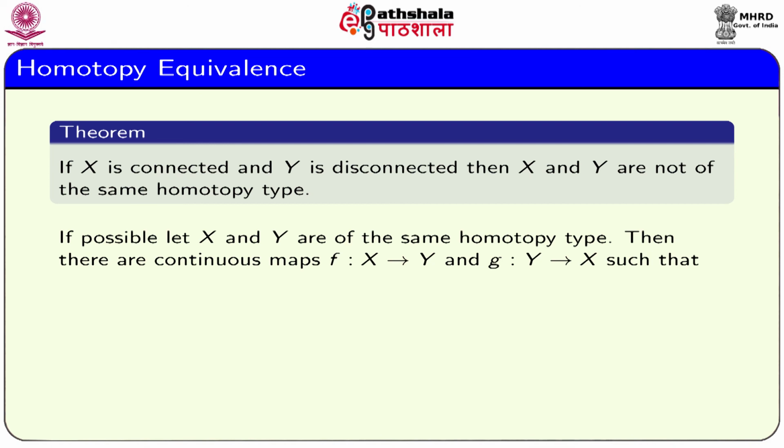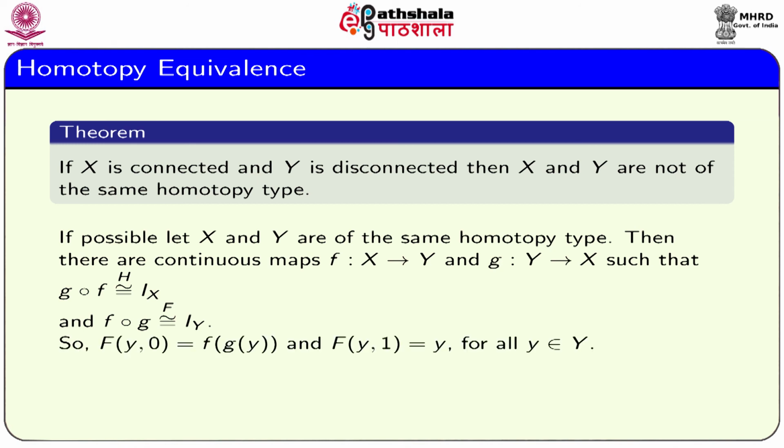Then there are continuous maps f from X to Y and g from Y to X such that g composed f is homotopic to identity on X and f composed g is homotopic to identity on Y. So, if we take that homotopy from f composed g to identity on Y as capital F, then F(y,0) is f composed g of y and F(y,1) will be y for all y belonging to capital Y.